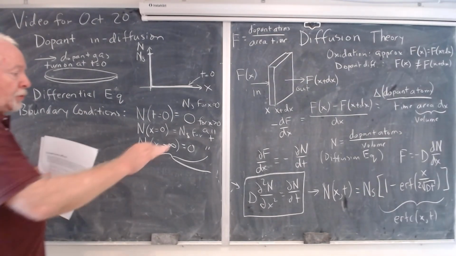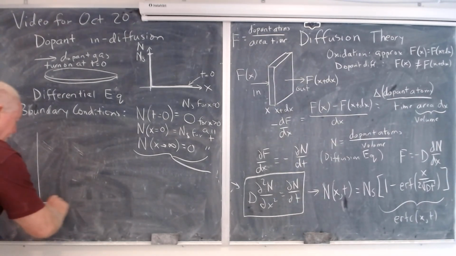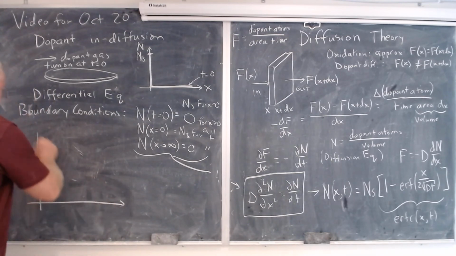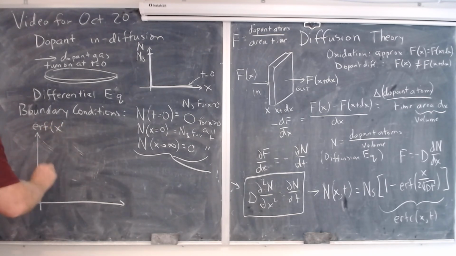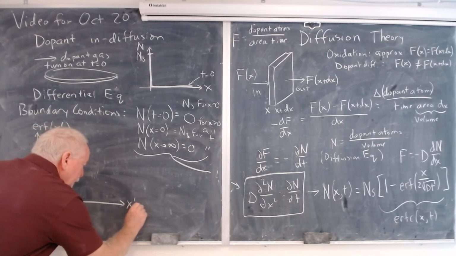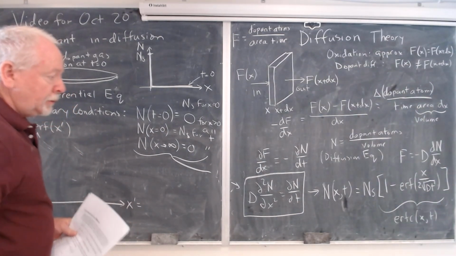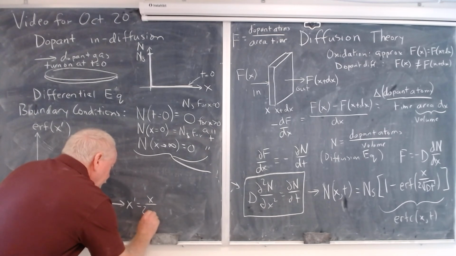And so now let's look at ERF, because ERF is well known. So ERF, and I'm going to put x prime, where x prime is equal to x over 2 times the square root of Dt.